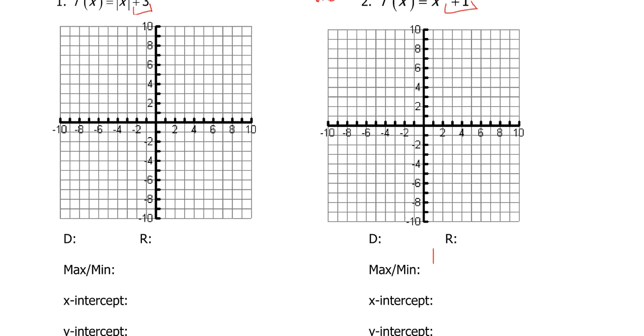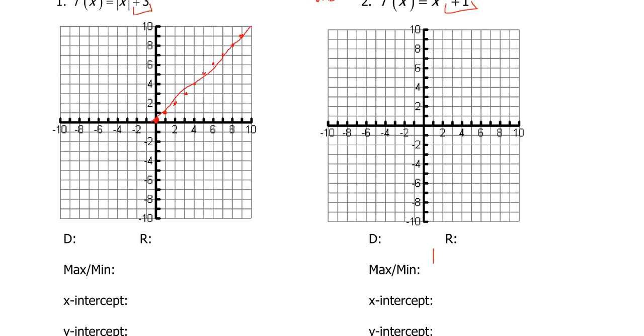Okay, so today to our absolute value function, we're going to go ahead and add 3. So we start off with our absolute value function, and we know that looks kind of like this.